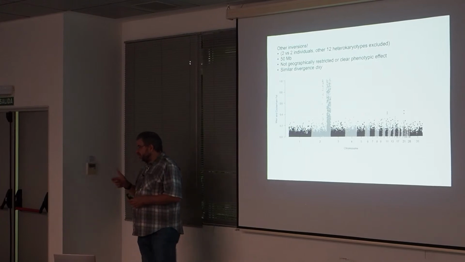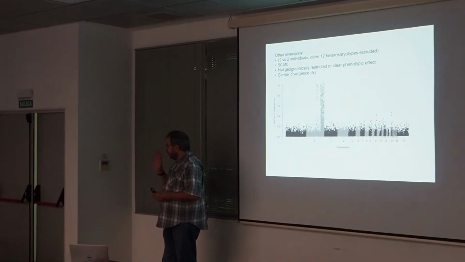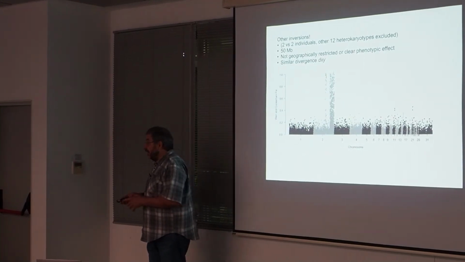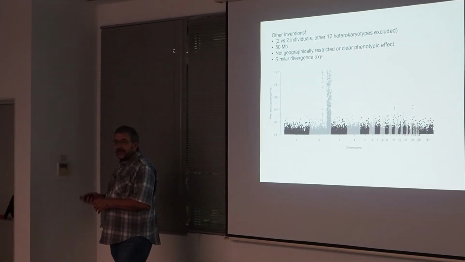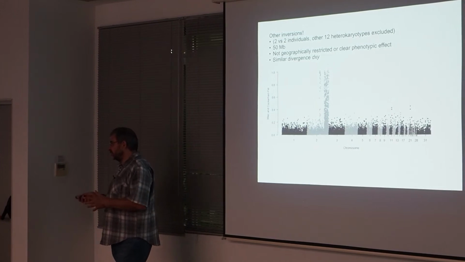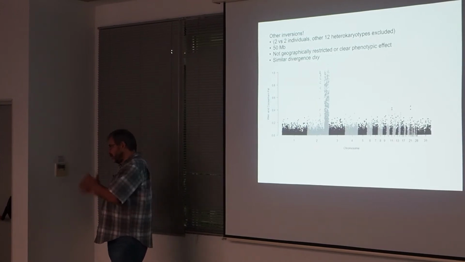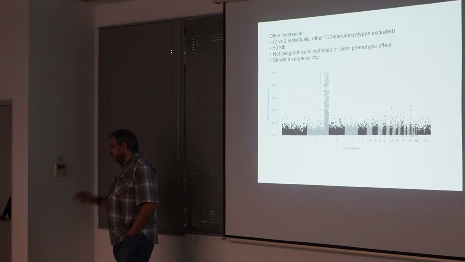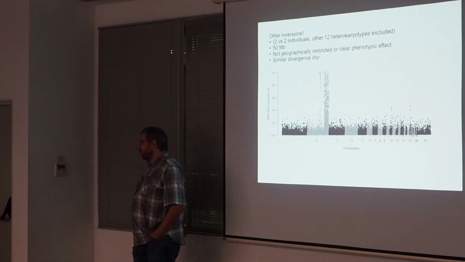It seems that the presence of the inversion is what reduces the flight capacity and makes the individual less fit for sustained flight. The inversion is associated with reduced capacity to disperse. Okay.